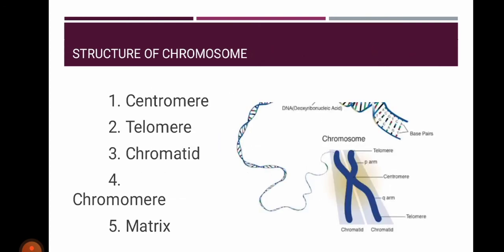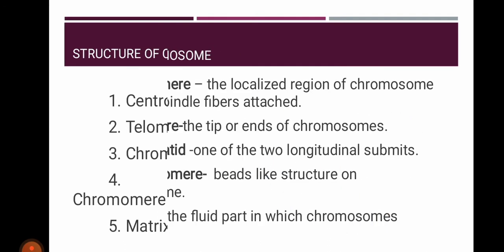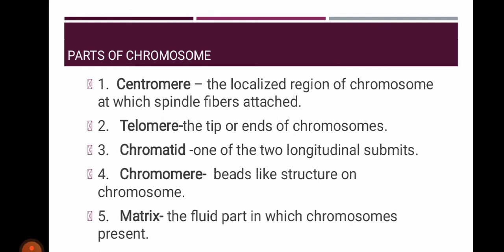The structure of the chromosome is mainly made up of basic components: the centromere, telomere, chromatids, chromomere, and the matrix. In the structure, you can see the telomere, centromere, their arms, chromatid, and DNA. Let me discuss in detail.